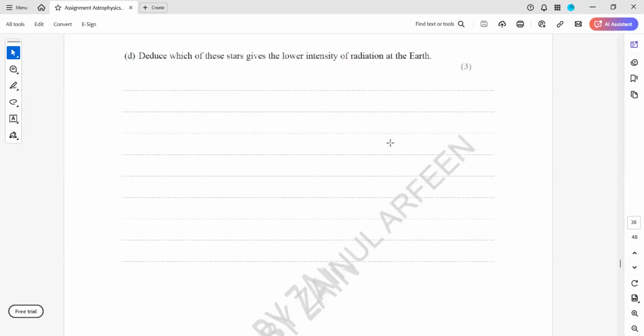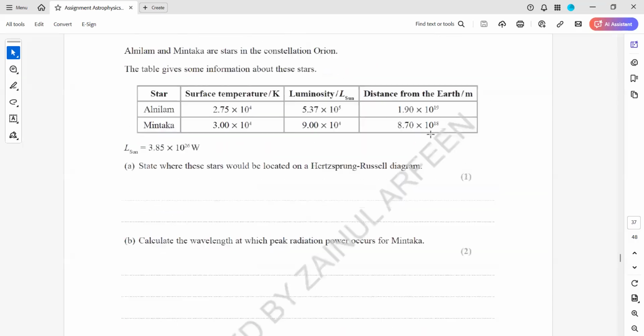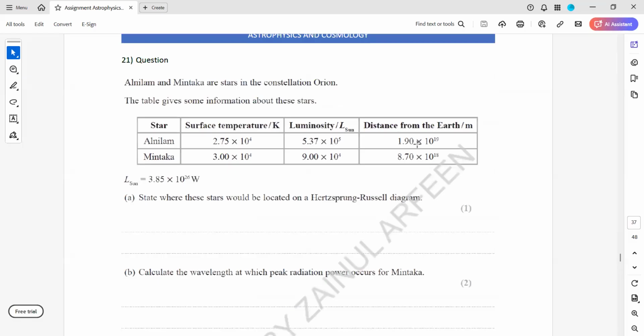Next is: deduce which of these stars will give a lower intensity of radiation at Earth. So how can we deduce which of the stars will give us a lower intensity? We just have to compare the ratio between them. Their distance from the Earth is given here.